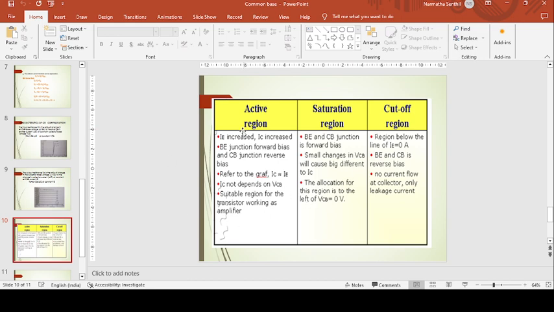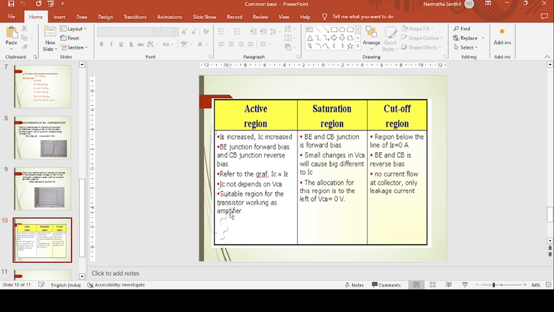In the active region, IE is increased. When the input current is increased, the output current is decreased. The base emitter junction is always forward bias, and the collector base junction is reverse bias. When you refer to the graph, IC is approximately equal to IE, and the output current does not depend on the voltage across the collector base terminal.